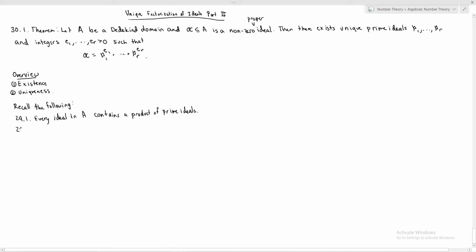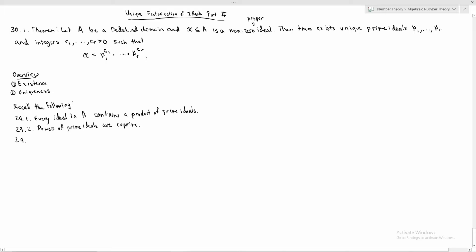29.2 says essentially that powers of coprime ideals are coprime. Given two distinct prime ideals, these are necessarily coprime, so powers of distinct prime ideals are coprime.